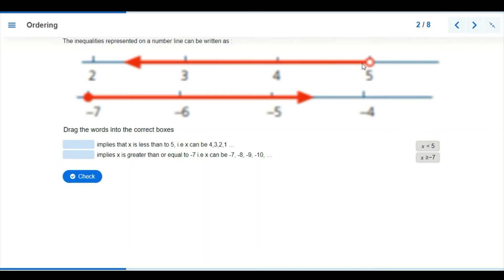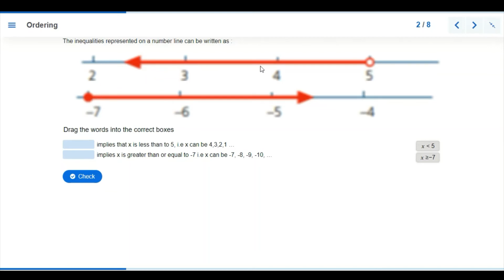This arrow is facing towards less than, and this arrow is facing towards greater than. This point is pointing at 5, and this one is pointing at -7. This one is not shaded, so it's just less than, not equals to anything. But this is shaded, so it is greater than and equals to something.